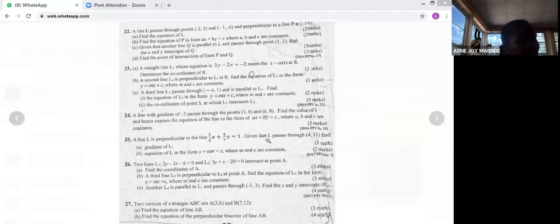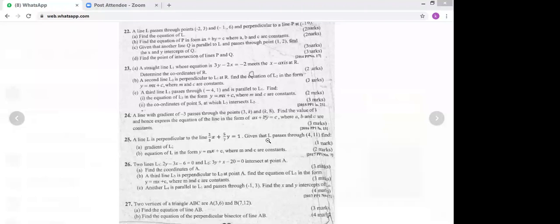Good, it's correct. Part B, we have the perpendicular line. Willie, your hand was up.